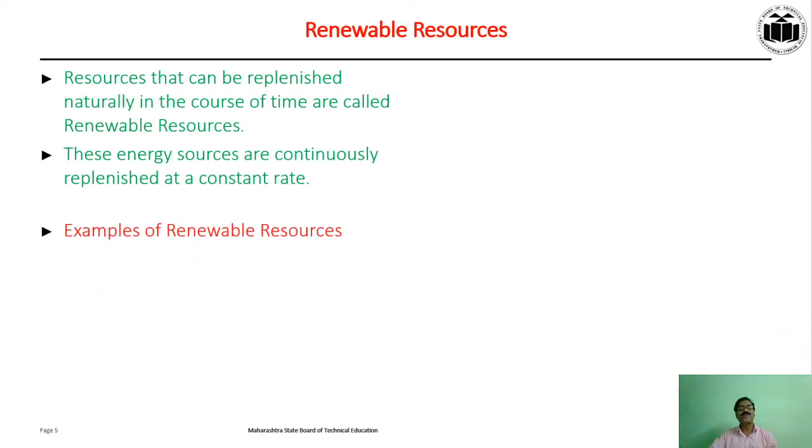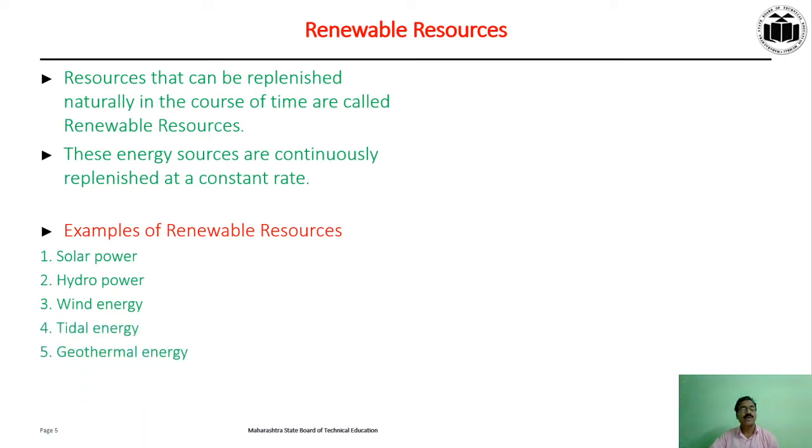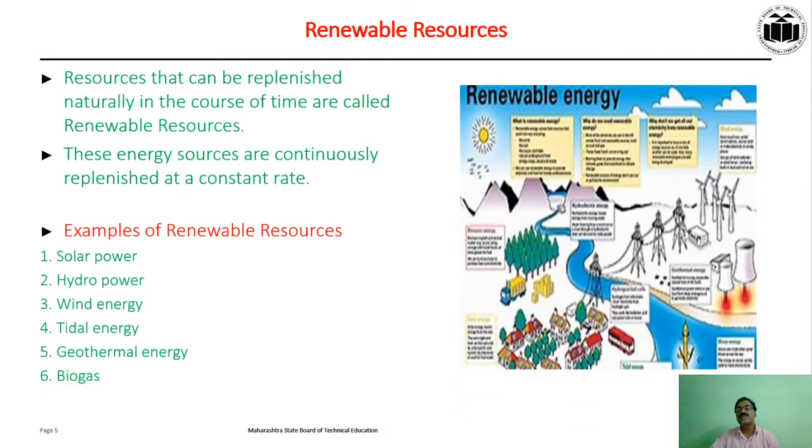Examples of the renewable resources are solar power, sun; hydropower, flowing water; wind energy due to wind; tidal energy due to tide; geothermal energy due to hot spring; and biogas due to biomass. This figure shows all the applications of the renewable resources.